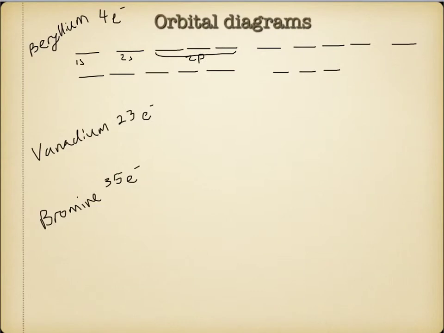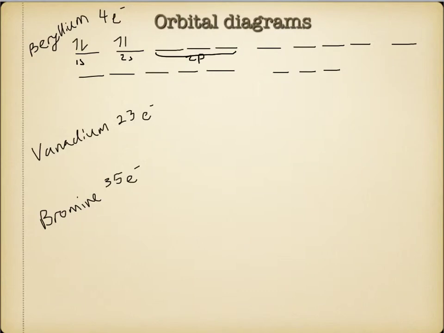So if beryllium has 4 electrons, that means 2 can fit in the 1s, 2 can fit in the 2s, and that's it. That's all we need to do there. There are still a lot of open orbitals that we didn't even need to use.